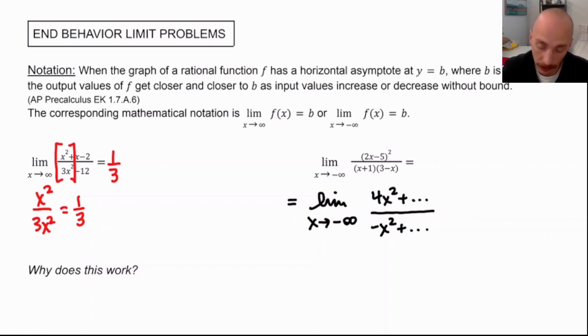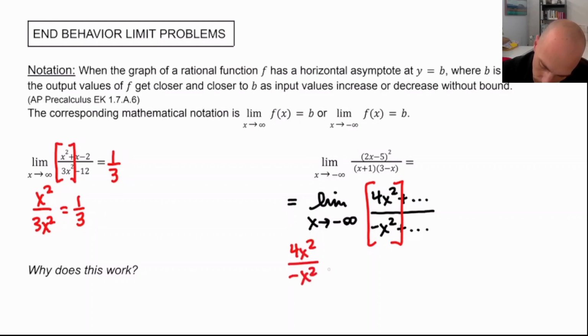But all I need is the highest power term if I'm trying to determine the end behavior of a rational function. I'm going to go over here to 4x squared divided by negative x squared equals 4 over negative 1. So that limit is going to be the same as the limit of 4 over negative 1. That's just negative 4. And I already showed you how that works.